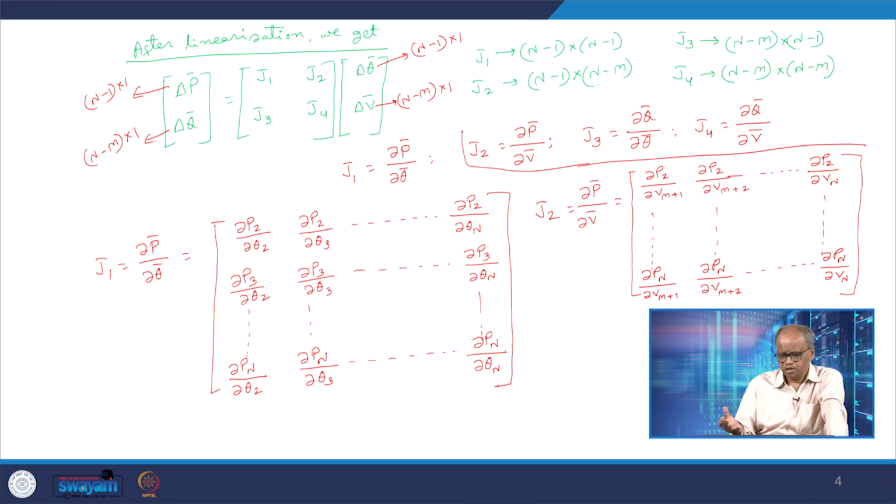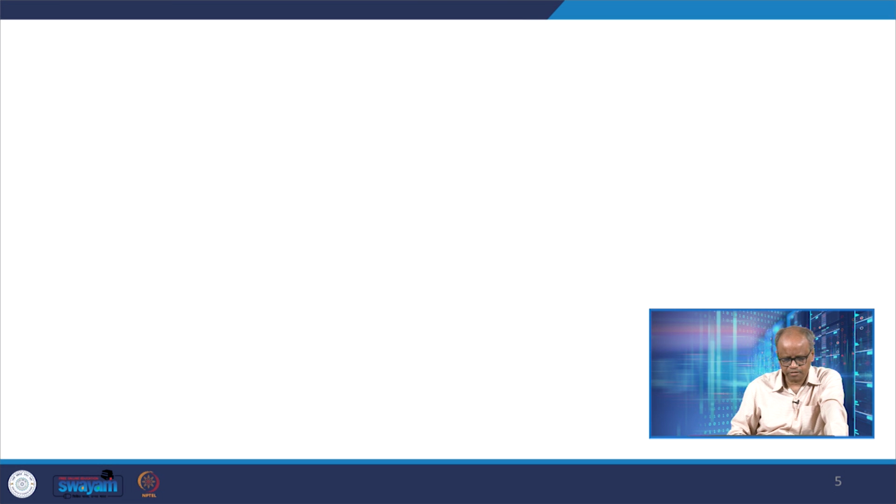Similarly, J3 and J4 also can be defined. So we have J3 is del Q by del theta.